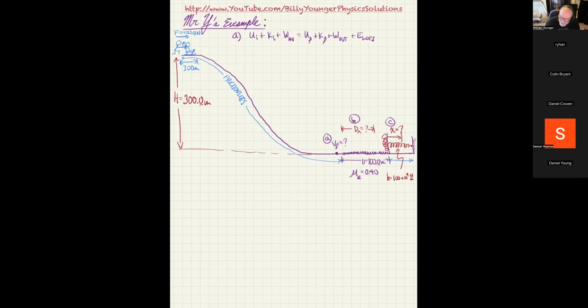I'm not using the negative one that I told you about, but U is going to be mgy. K is going to be 1/2 mv squared. And we're also going to use U is equal to 1/2 kx squared as sort of the work done or the energy lost by compressing a spring.